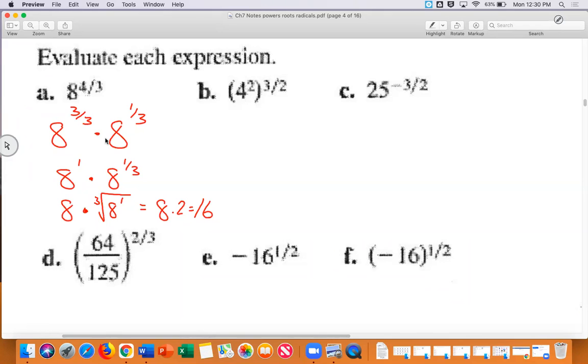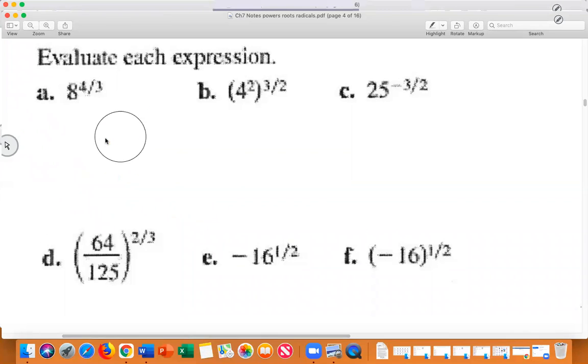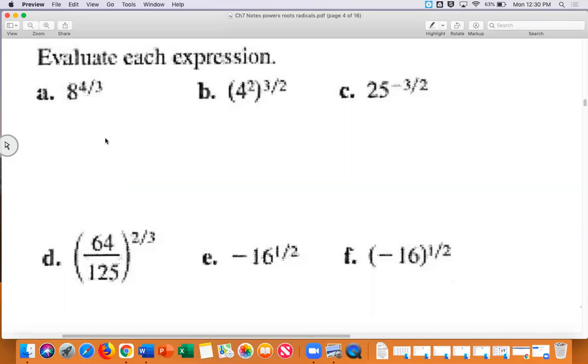4 squared to the 3/2. Well, here's how I go about that. Okay, what do I do with those exponents? Jake, do you remember? Multiply. So 2 times 3/2. What is that?